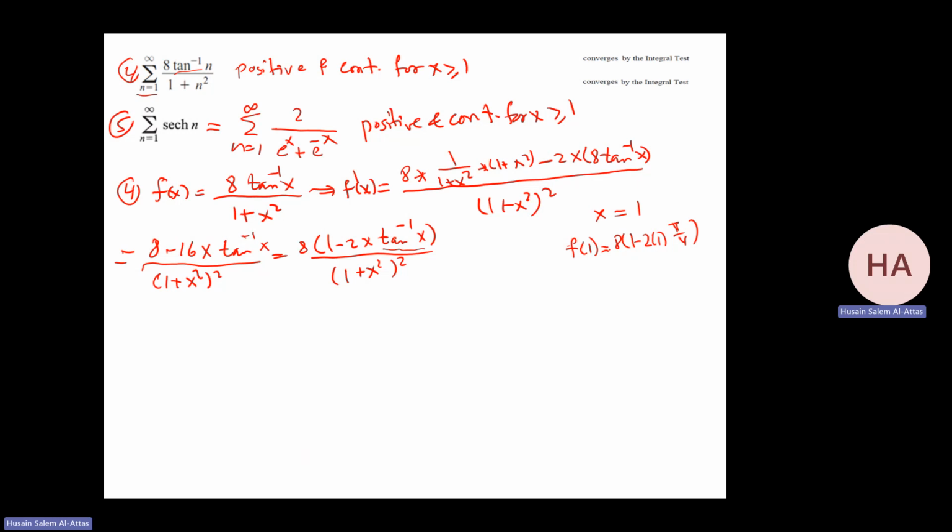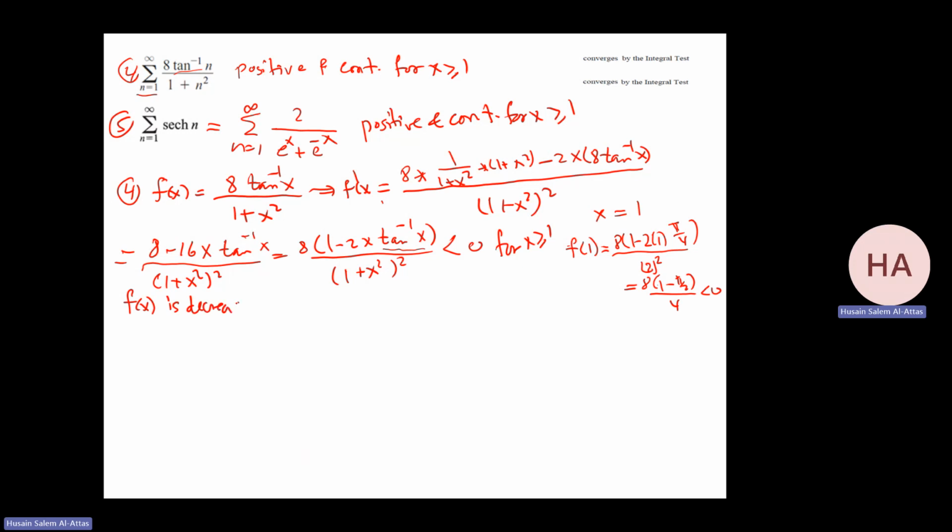So I have 1 minus pi over 2 over 4, which is negative. And for tan inverse of 2, for sure this quantity will be bigger as we take x equal 2, x equal 3, x equal 4. So this quantity is always negative for x greater than or equal to 1. So the function is decreasing.